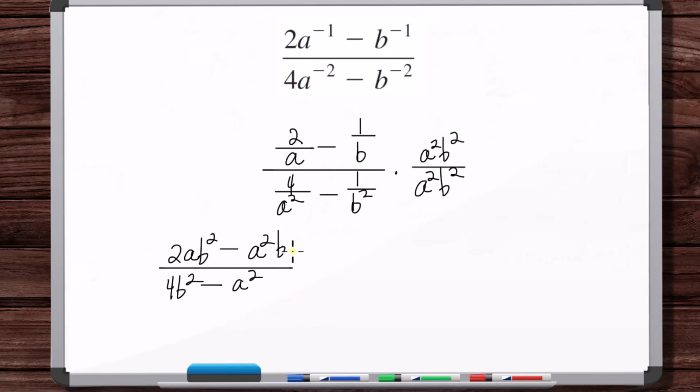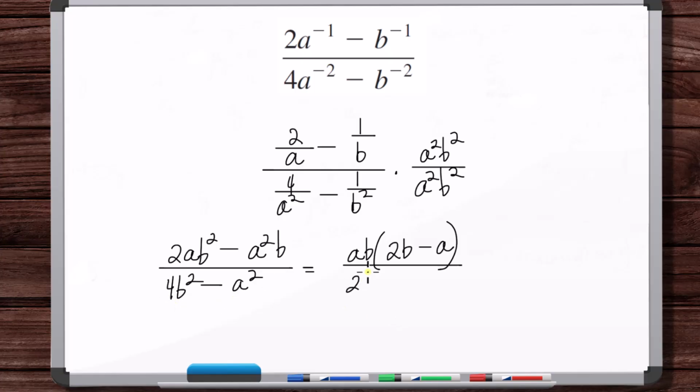Now we can just simplify like we did in the previous videos. We're left with a rational expression here. So, okay, let's factor the numerator. We could take out an a and a b, or a times b. So 2b minus a. Okay, now here we've got the difference of two squares, the difference of 2b squared and a squared.